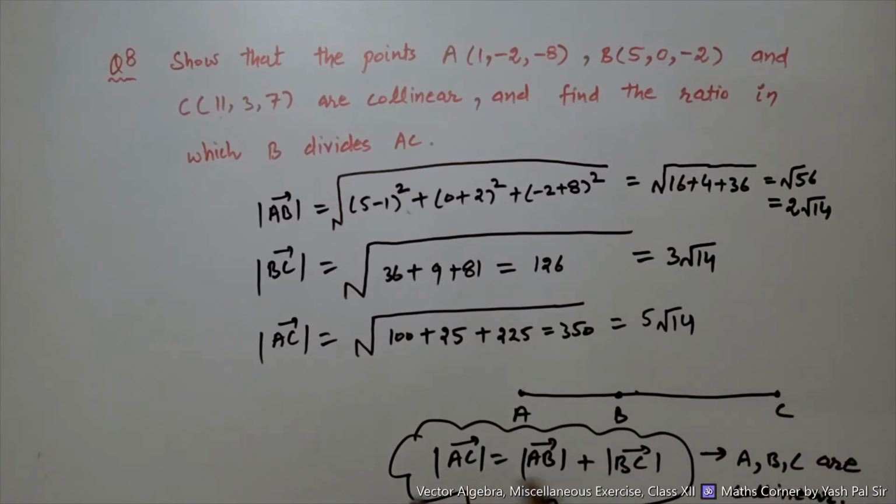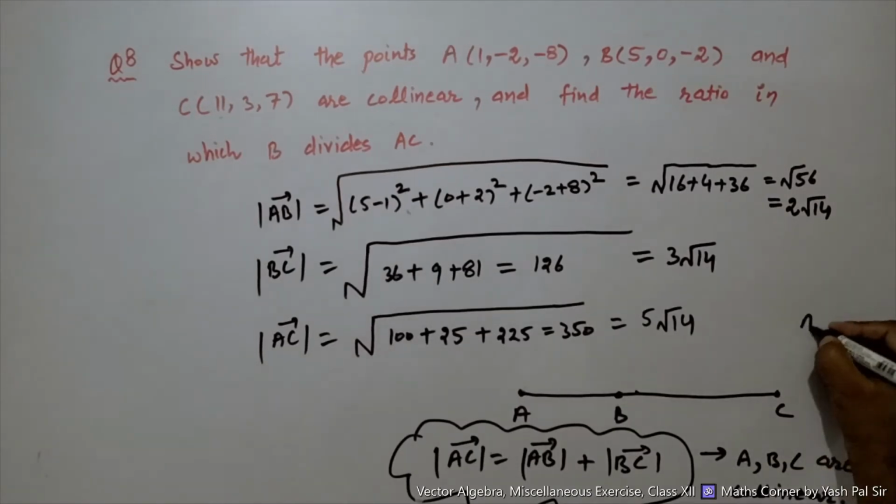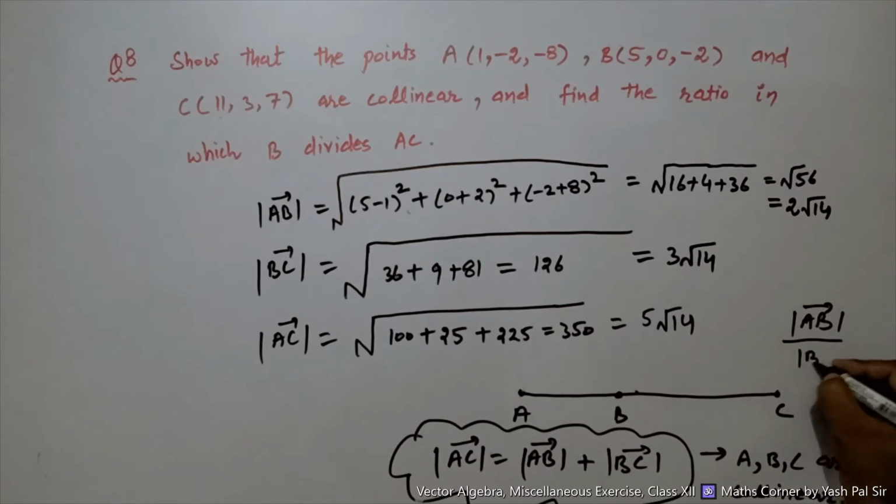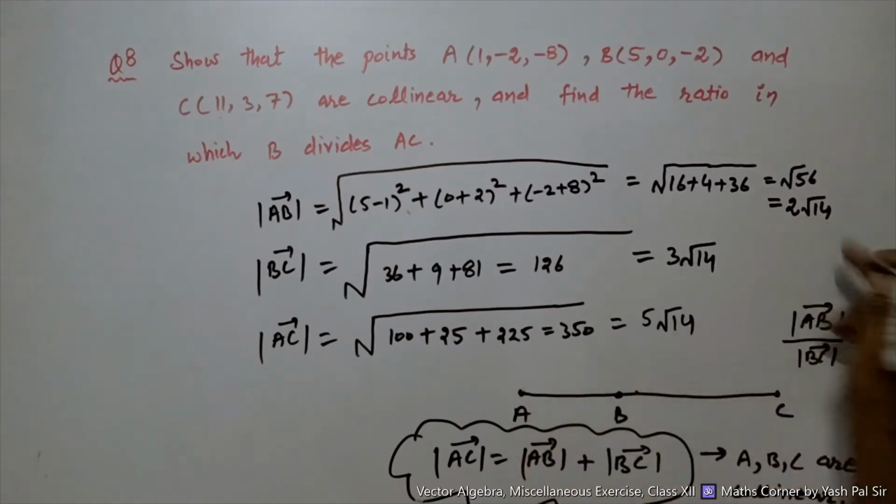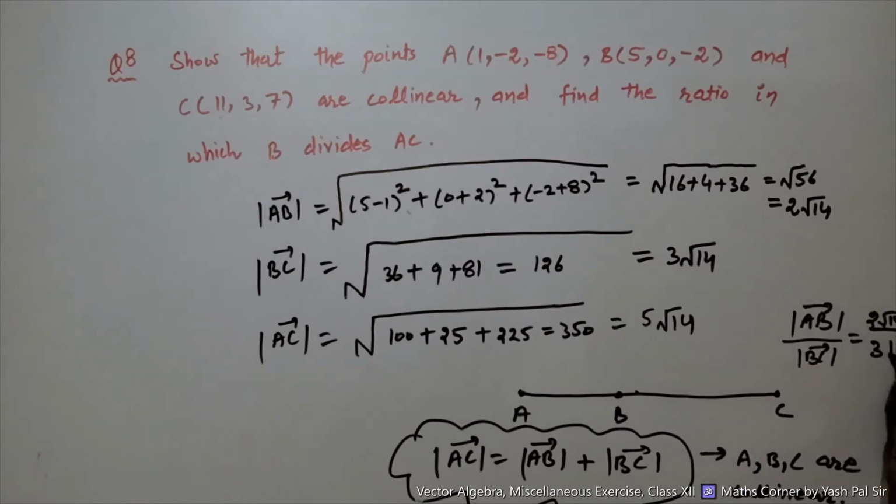So if we can write it this way, this implies that the 3 points are collinear, right? Now what is the ratio? AB distance divided by BC distance is equal to 2 square root 14 divided by 3 square root 14.